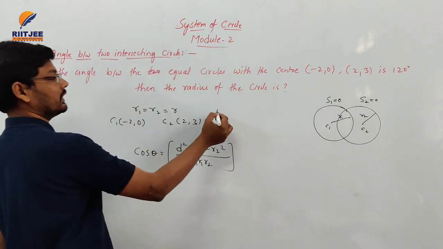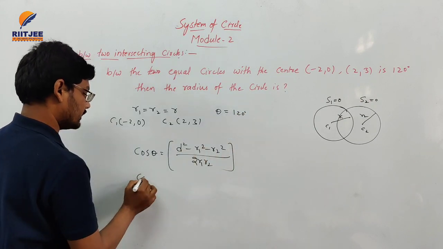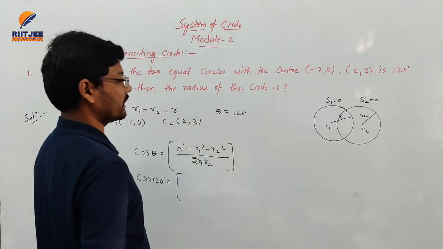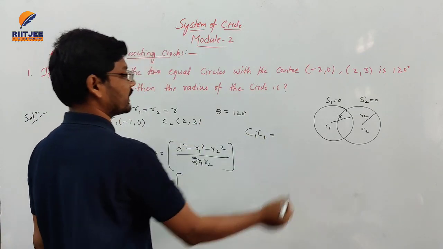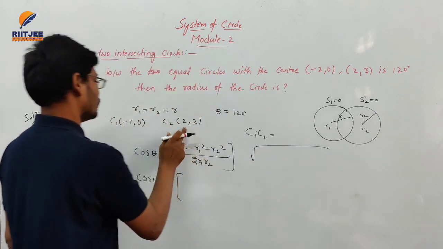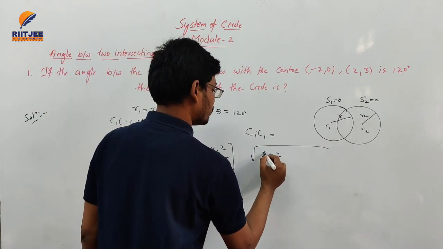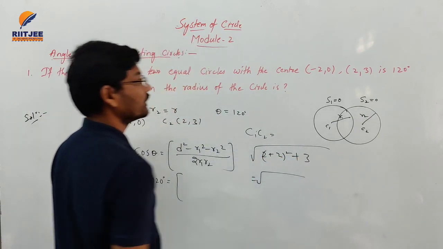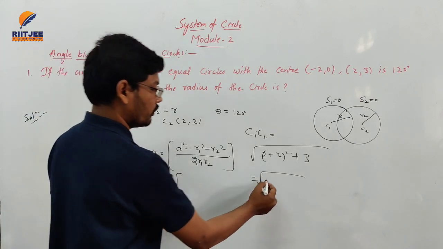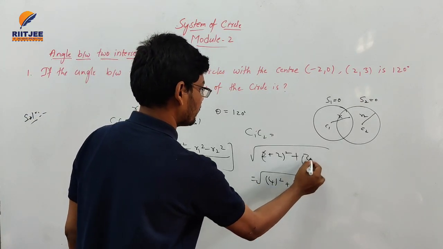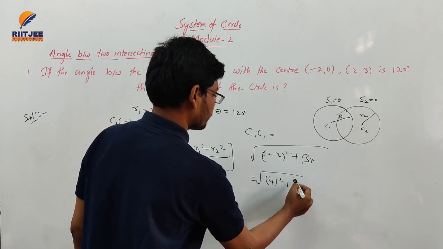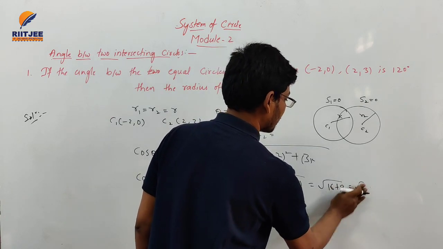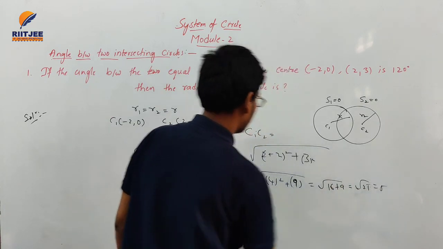Here theta is 120 degrees. d is the distance between the two centers, square root of (2 plus 2) whole square plus (3 minus 0) whole square, that is 4 square plus 3 square, which is 16 plus 9, root of 25, equal to 5.